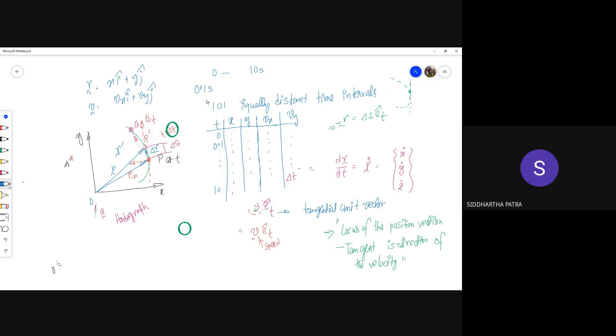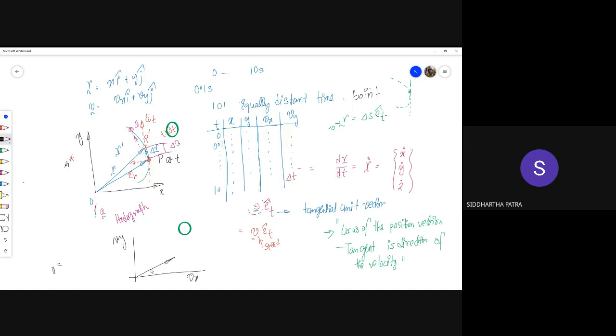Equally distant time points. So I'll have the velocity vector for equally distant time points. So now let's plot them. Actually, that is also how you would plot the position vectors themselves. So plot each of these velocity vectors.